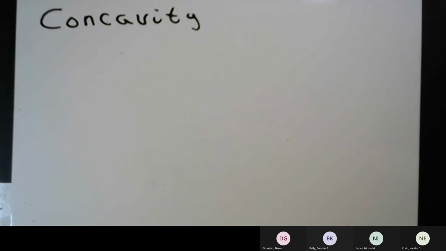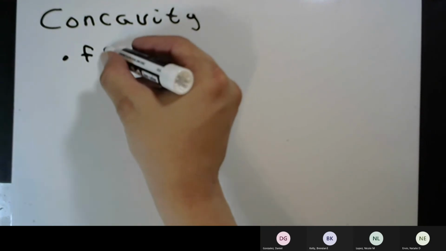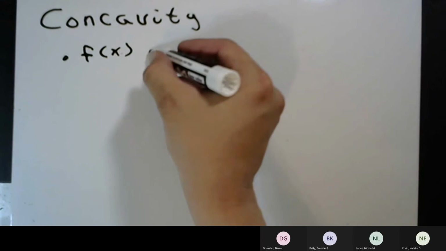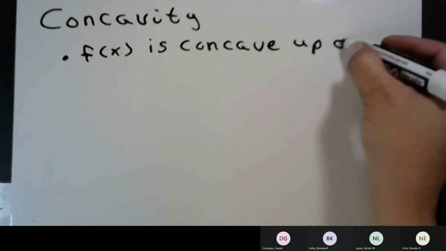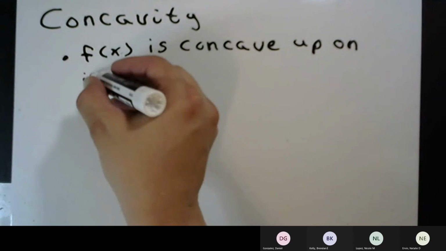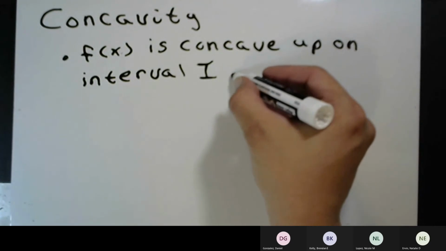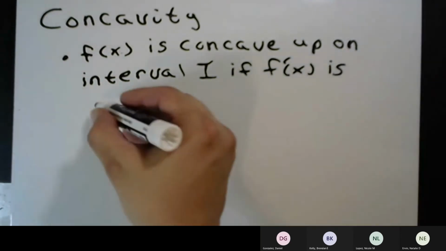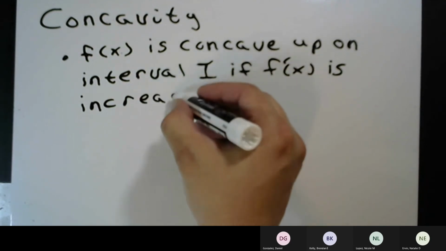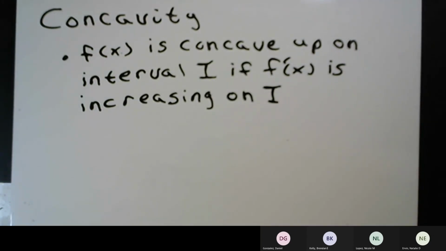And so the way we describe concavity is this. f of x is concave up on interval I if f prime of x is increasing on I. So we're not talking about f of x, we're talking about f prime of x.